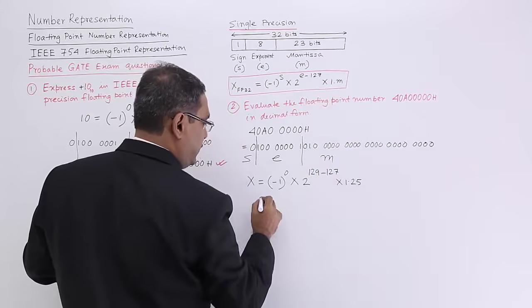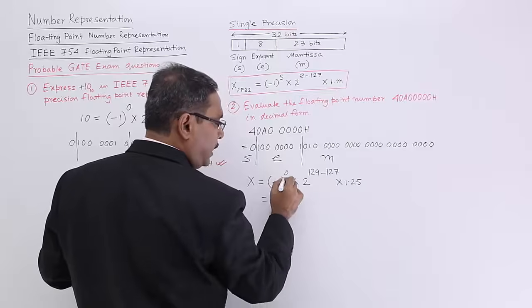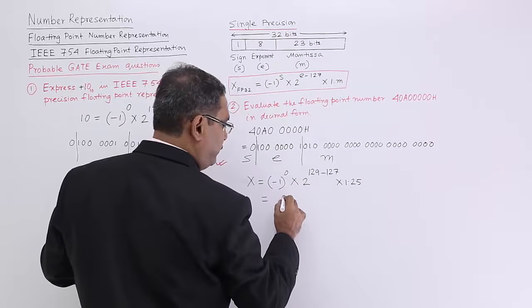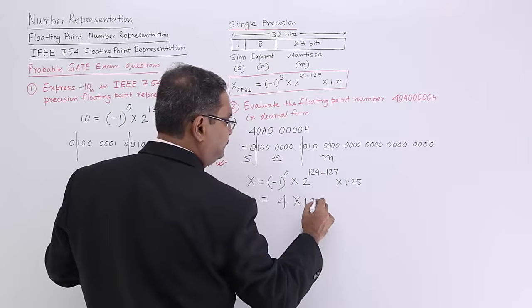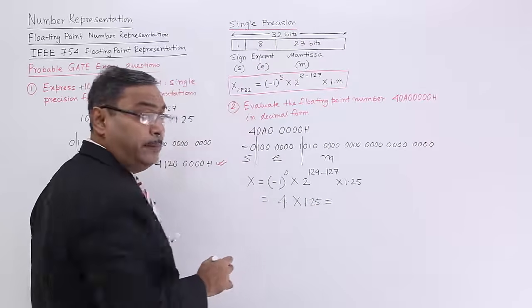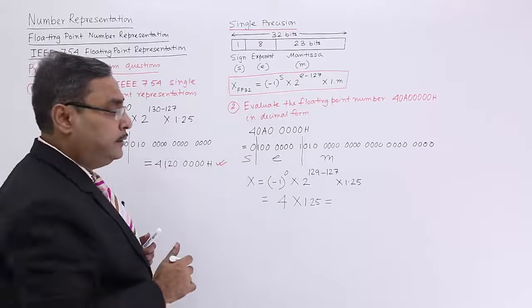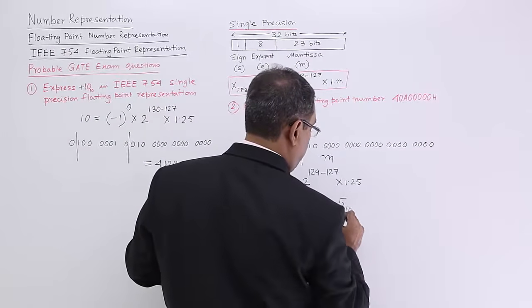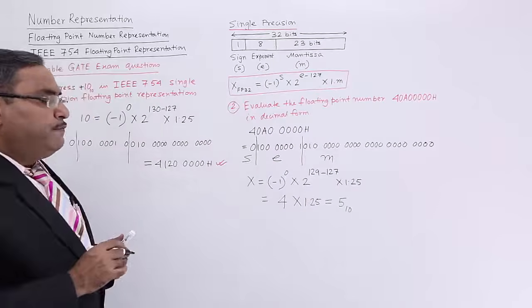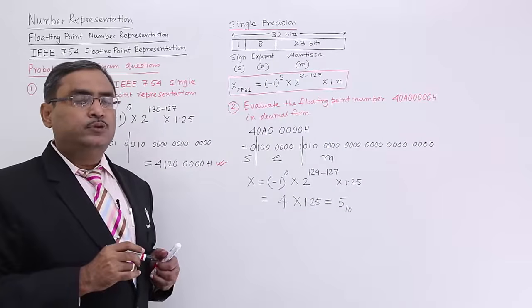So 2 to the power of 2 means 4, into 1.25. Tell me the value. It will be 5 to the base 10.